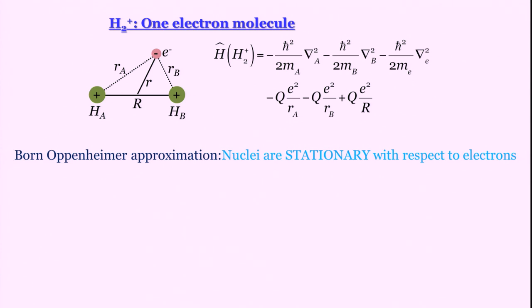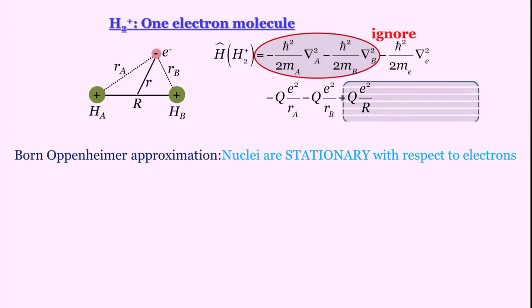We can consider the nuclei to be stationary with respect to the electrons. The moment we do that, we get to ignore the kinetic energy terms of the nuclei in the Hamiltonian. That is a great relief. Moreover, we can consider the last term to be constant. So, essentially we can work with three terms: the kinetic energy of the electron, and the potential energy for attraction of the electron to the two nuclei, and I can take the last part as a constant.